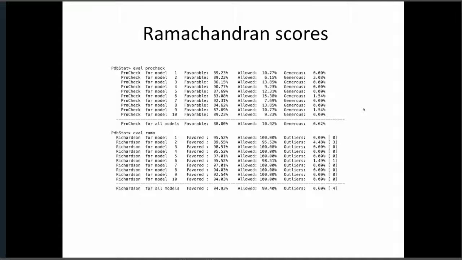For the Ramachandran scores, just to show you what I commented before, you have these two ways. One of them, eval project, will evaluate mostly the same values as I was telling you, as project. And then eval Rama will provide the way Richardson et al. provide. It will give you the most favored area or percentage, and then it will divide the rest into allowed or outliers, and it will point to the values.